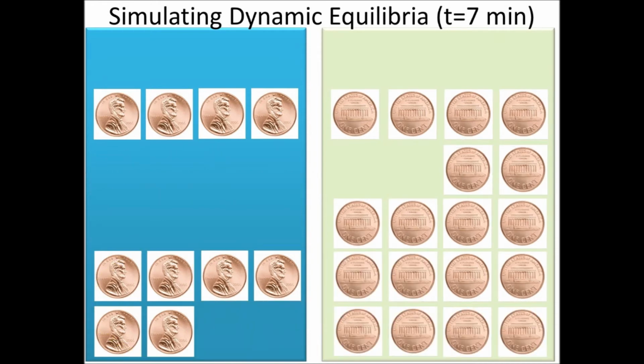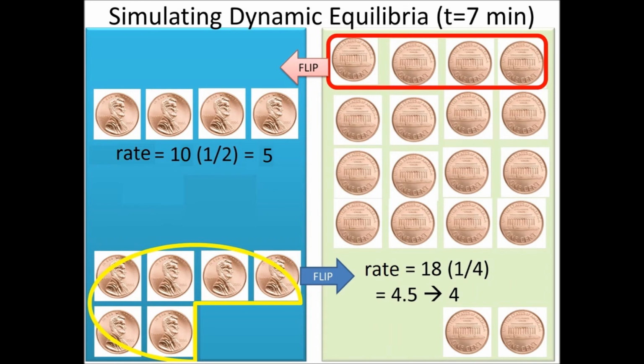For this time interval, now let's say we're at 7 minutes of the reaction reaching equilibrium. We have 10 pennies in state A and 18 pennies in state B. Again, using our rate constant, 1/2 times the 10 pennies in state A, we see that 5 pennies need to flip from heads to tails, and in state B we had 18 pennies there.